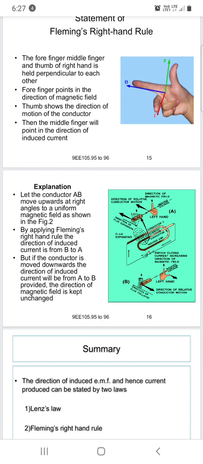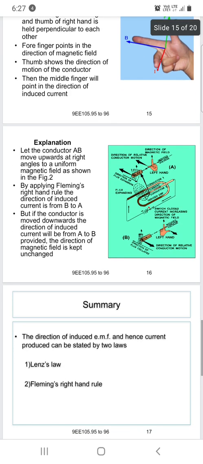Forces are produced due to the conductor or coil placed in the magnetic field. The motion or force is caused in that conductor.